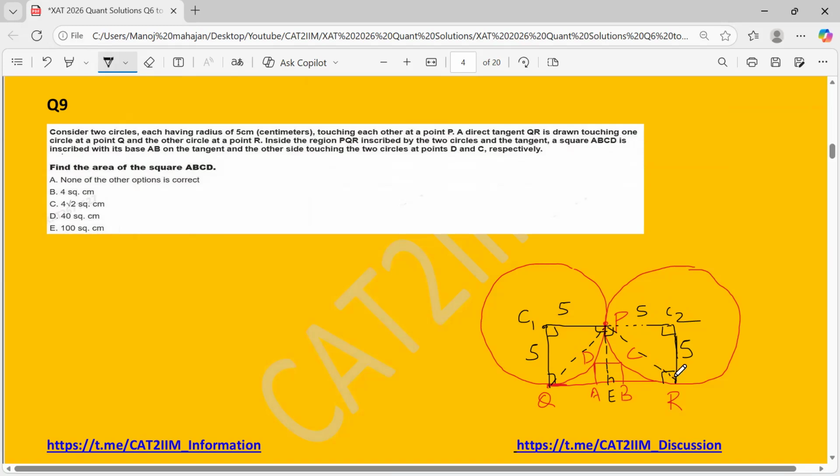So you can understand that QP and PR, they are both equal. So QPR is becoming an isosceles triangle. And in the isosceles triangle, I'm dropping a perpendicular from the vertex where the equal sides are meeting, that is P. So I can understand that QE length would be same as ER length. So let's see how we are going to figure out the answer now.